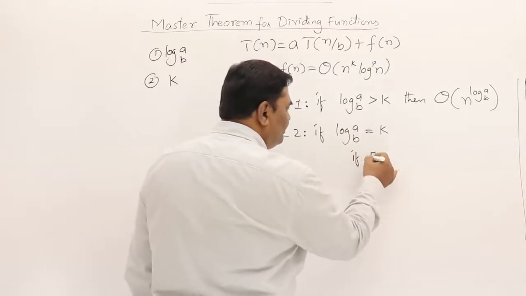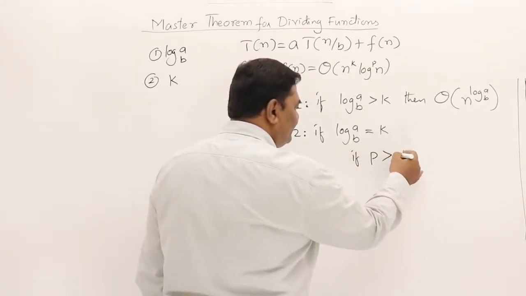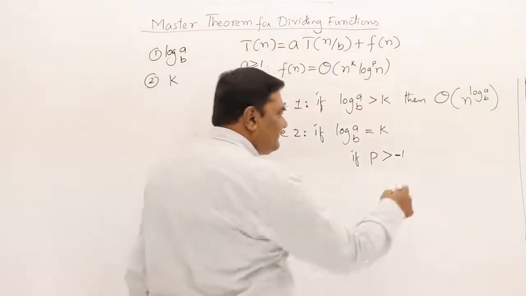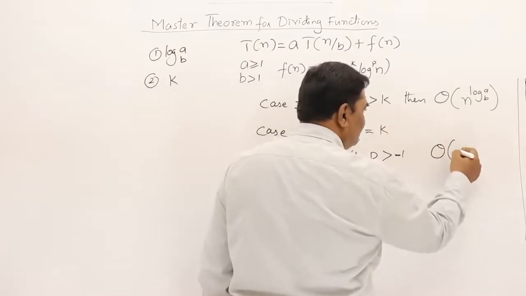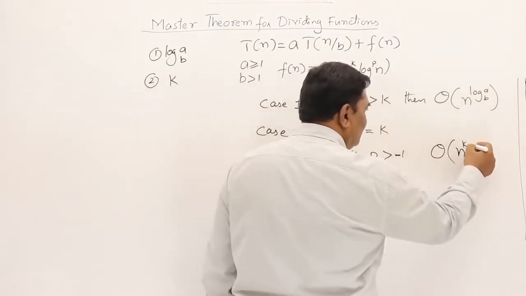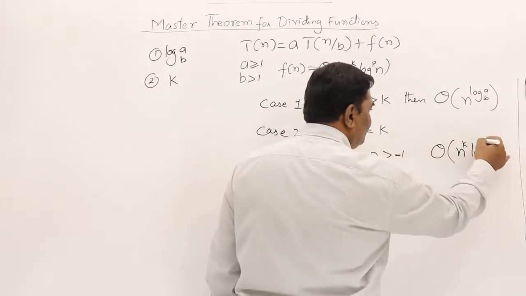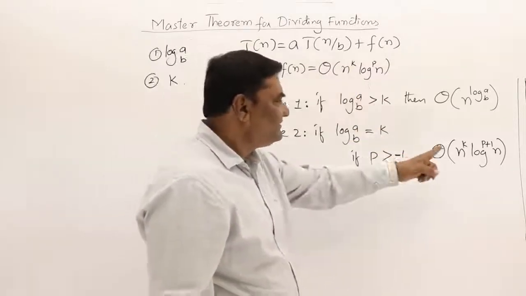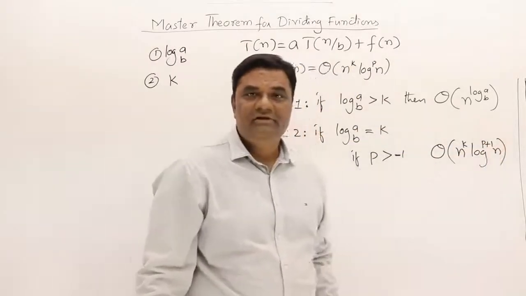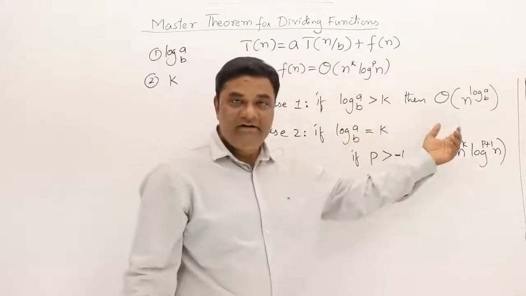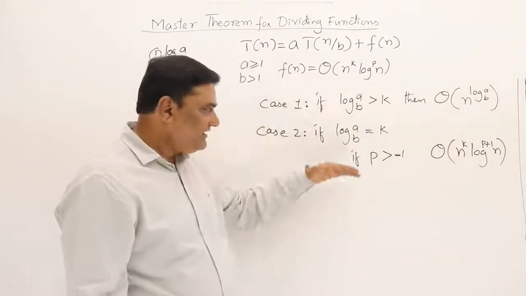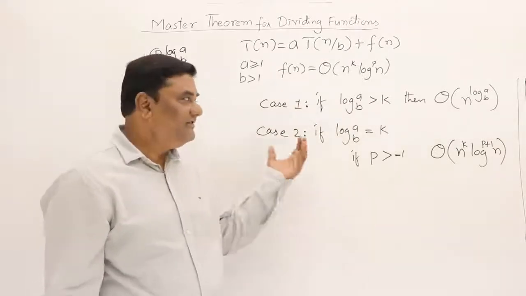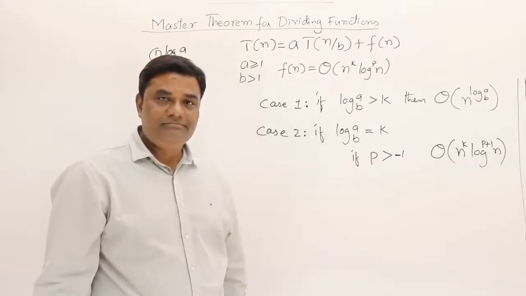If p is greater than minus 1, meaning p is not negative, then the answer is n power k and log to the power p plus 1 of n. So whatever the p value is, it is raised one more time, meaning that whole thing is multiplied by log n. I am just writing the conditions that mostly you find in textbooks, then I will take the examples and show you.